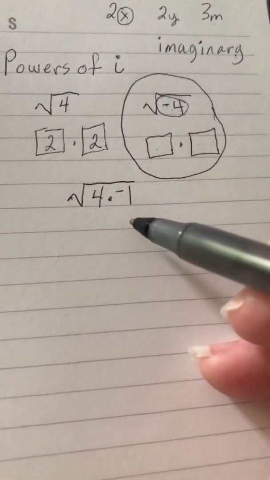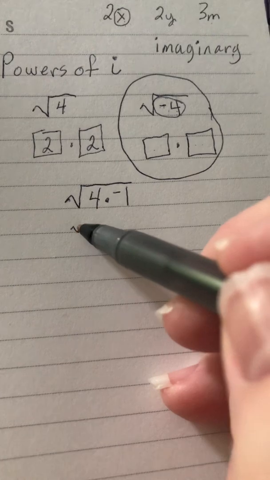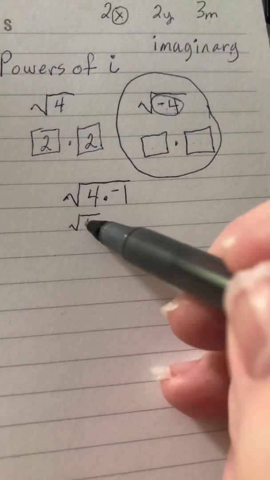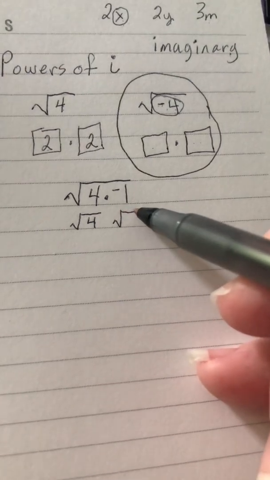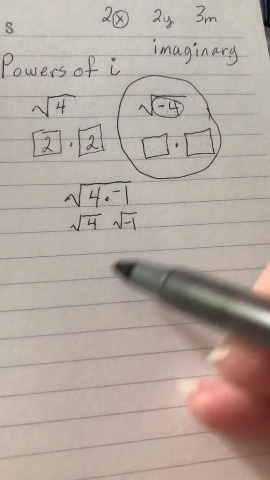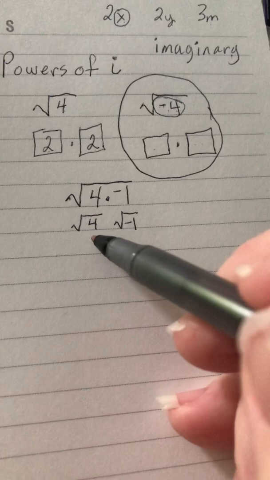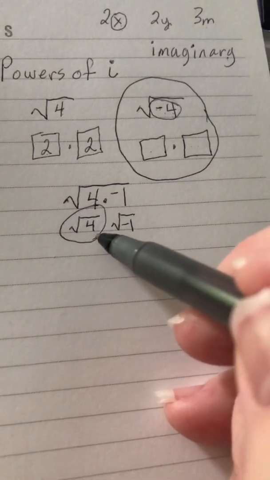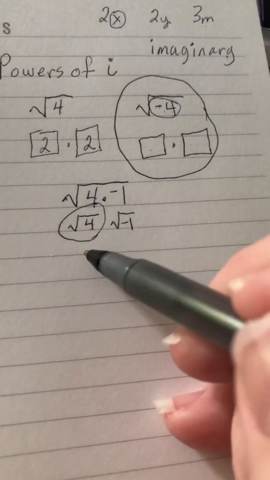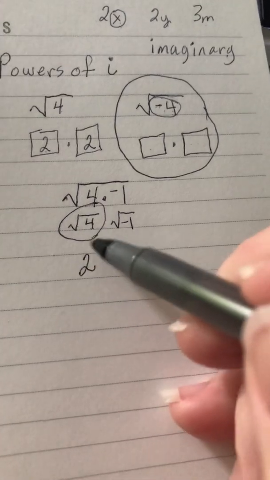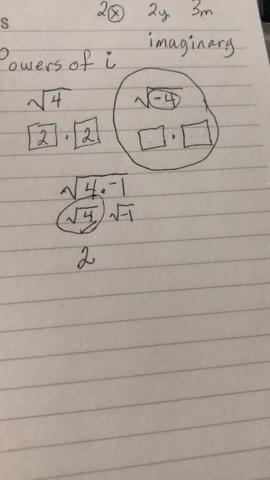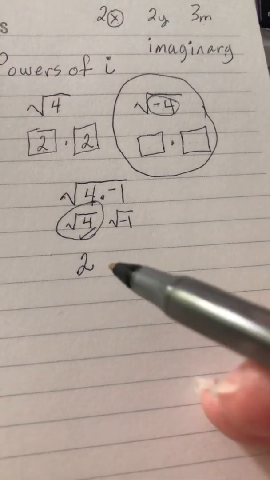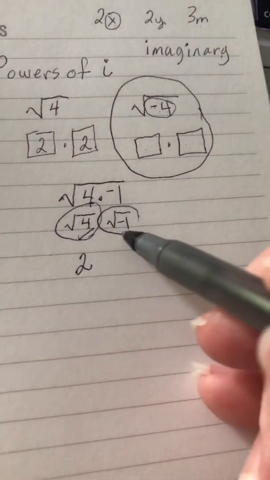What that allows me to do is think of this as two separate pieces. I could say, okay, what's the square root of 4 and what's the square root of -1? And when I do that, I can complete the first part. I do know the square root of 4 is 2. So that part is done, that fits within our real number system. I cannot complete this part.